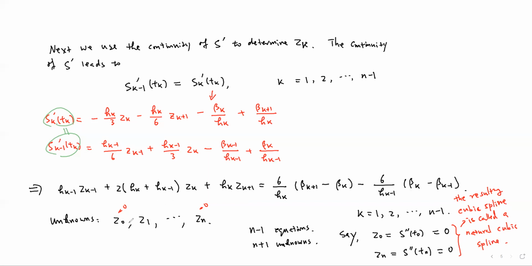Now, assign 0 to c0 and 0 to cn. Then these n minus 1 equations in matrix form are this.